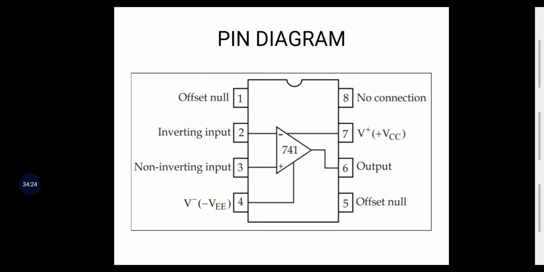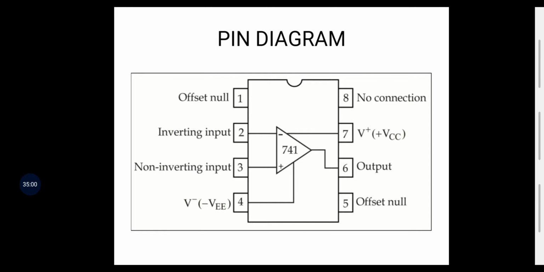These two pins, 1 and 5, are used to make the offset current and offset voltage 0. Next, the second pin is the inverting input and the third pin is the non-inverting input. These two pins are for input signals. If you want to give signals, we give them to pins 2 and 3.